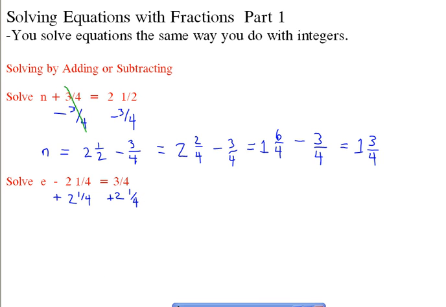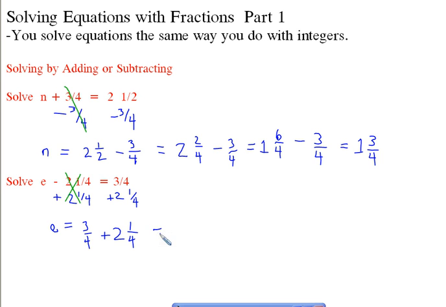And it makes perfect sense. This cancels out here, so we don't even have to worry about that. We go back and we're just left with e is equal to 3/4 plus 2 1/4.